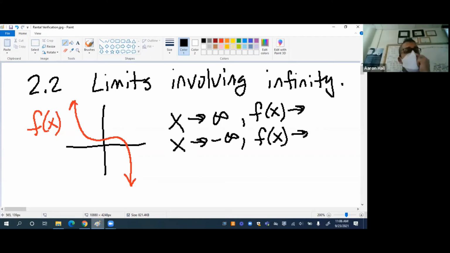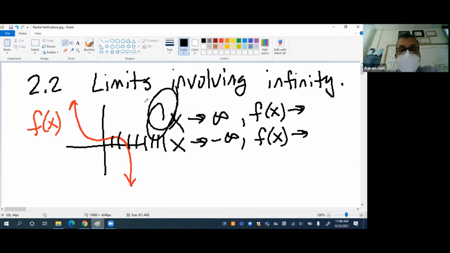When I evaluated this function in secondary math 3, looking at the end behaviors, I first need to consider what happens when x becomes super large. When x becomes super large, what does y do?